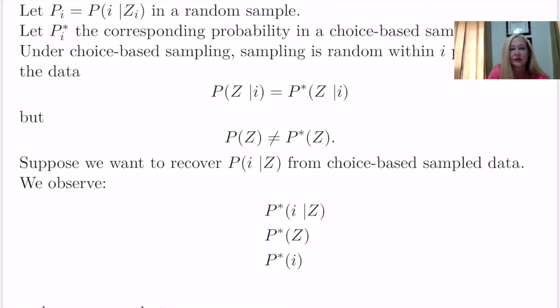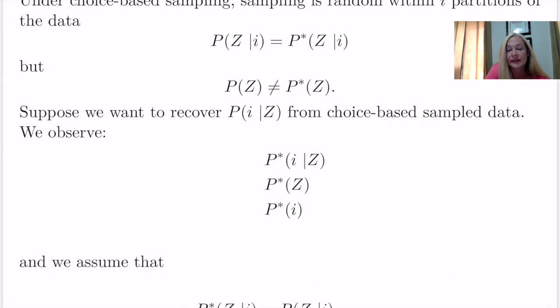All right, so let's say we want to recover the probability of I given Z, without the star, which means in a random sample. These are all the things we have to work with.